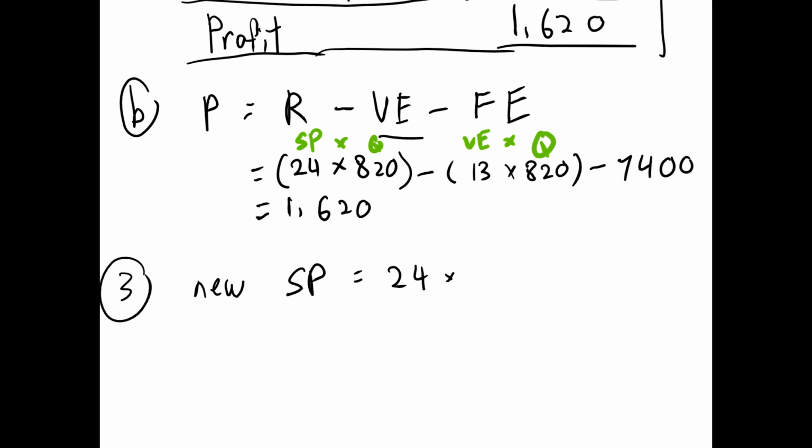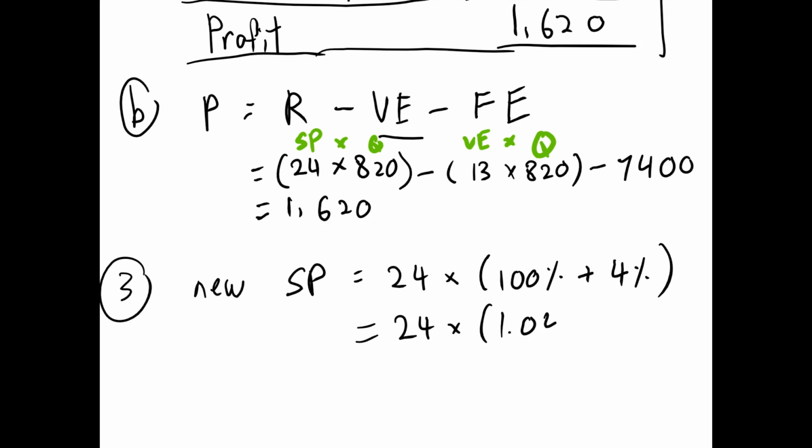So you need to times with 100% plus 4%, because your selling price will increase by 4%. So this will be $24 times by 1.04. So if you get $24 times by 1.04, you will get $24.96. So this is your new selling price.